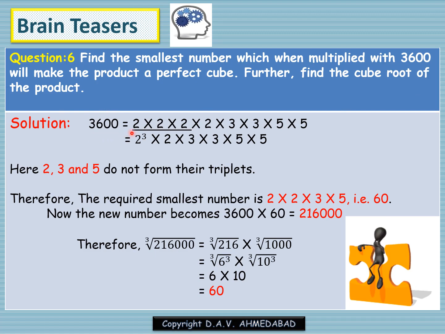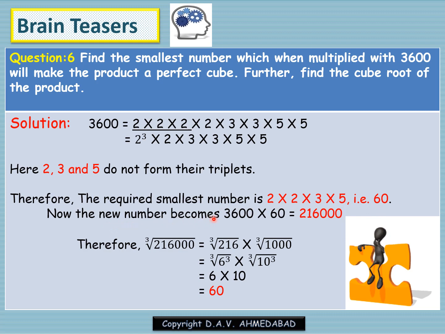So we are having 3600 equals to 2 cube into 2 into 3 into 3 into 5 into 5. So we need 2 times 2, 1 time 3 and 1 time 5. Therefore, the required smallest number is 2 into 2 into 3 into 5, which is equals to 60.